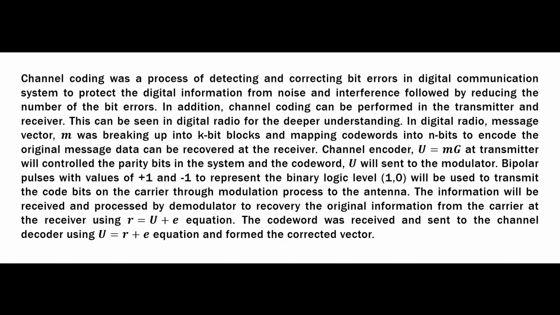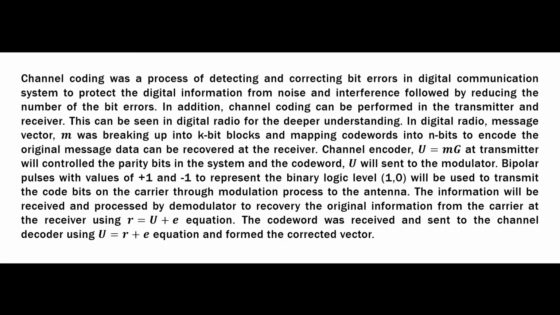Channel encoder U equal to M multiplied by G at the transmitter will control the parity bits in the system, and the code word U will be sent to the modulator. Bipolar pulses with values of +1 and -1 to represent the binary logic levels 1 and 0 will be used to transmit the code bits on the carrier through the modulation process to the antenna.